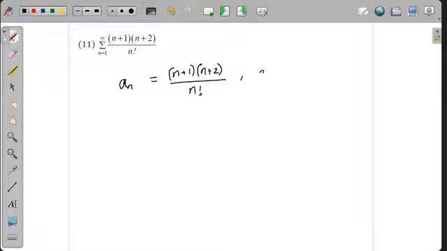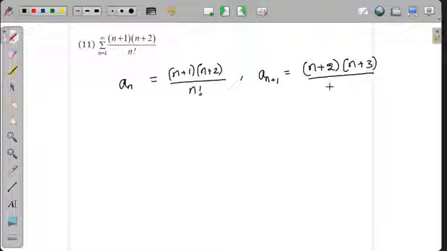And how about an plus 1? So an plus 1 is n plus 1 plus 1, so that becomes n plus 2, and this becomes n plus 3 over n plus 1 factorial. Now let's take the ratio.